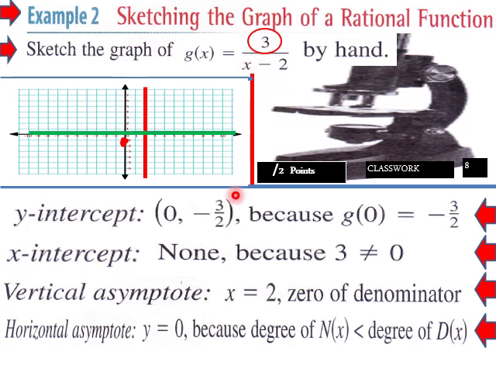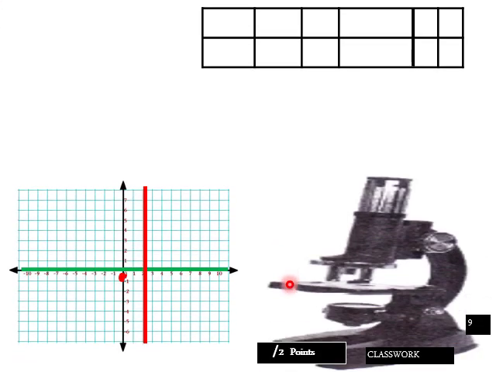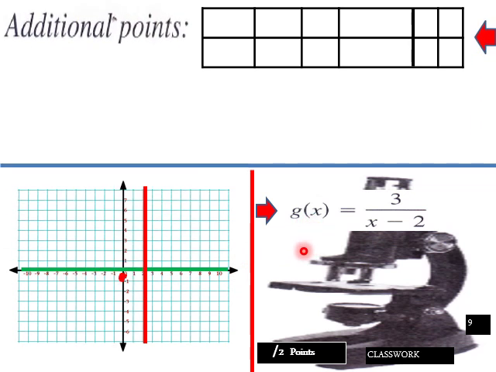So the degree of n of x is less than the degree of d of x. There is no variable up here with a degree. So, knowing that information, here are your asymptotes, here's your y-intercept. You know that much. So g of x equals 3 over x minus 2.